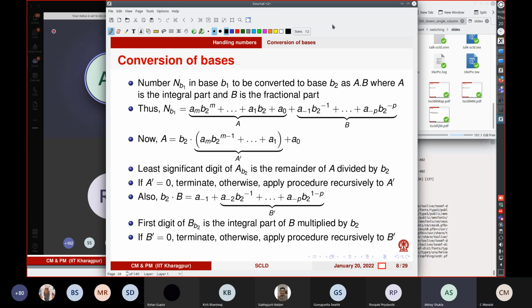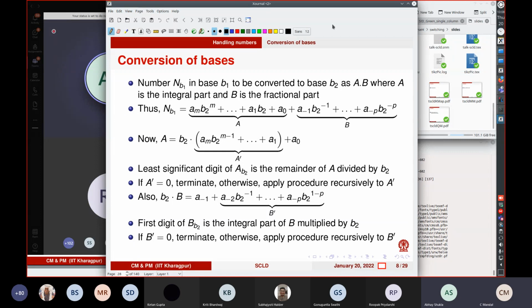And the remaining part b dash, if b dash turns out to be 0, you terminate, otherwise you carry on in the same way to get the later digits of the fractional part. So that is the procedure.